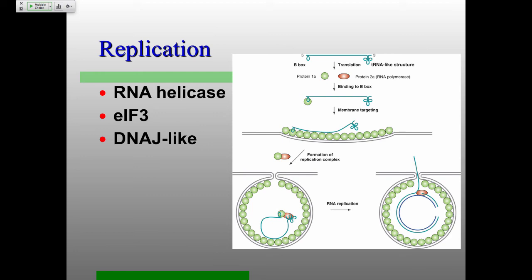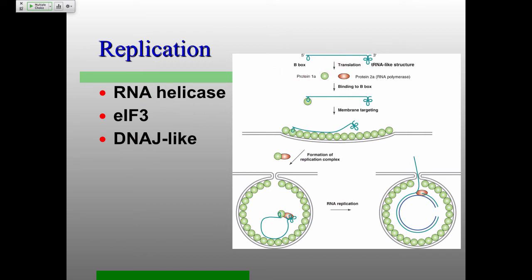So it's not surprising a lot of these RNA viruses help out with this. And there's also a DNA J-like protein. What's DNA J do? So it's a bacterial protein that seems to be important also for protein folding, not unlike the GRO proteins as well. So these are the host proteins that are involved in this.